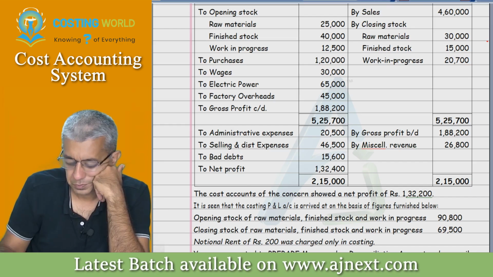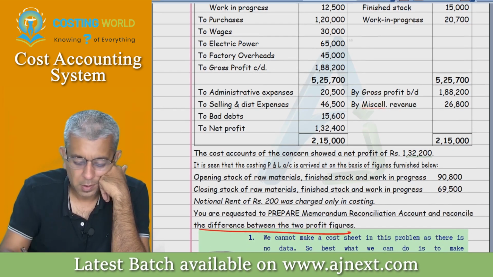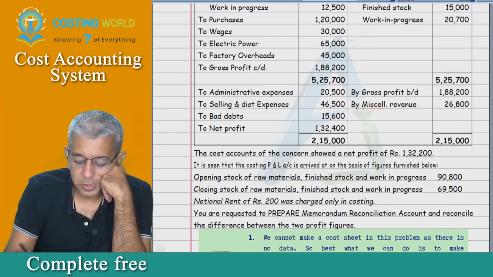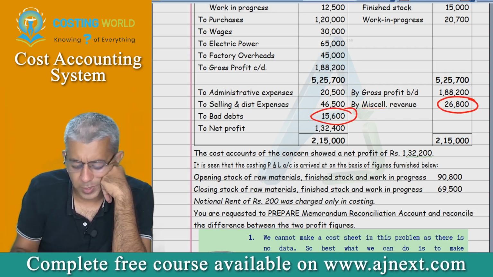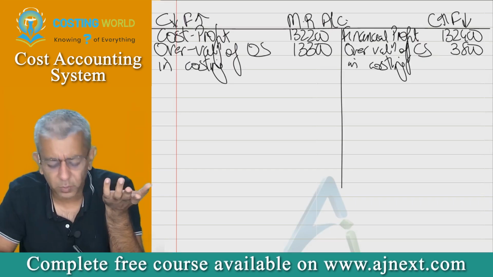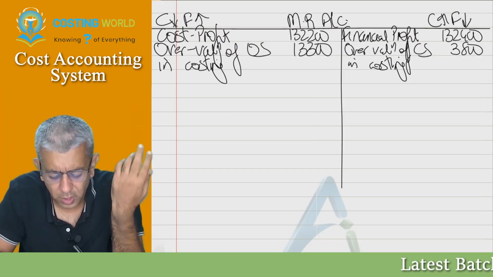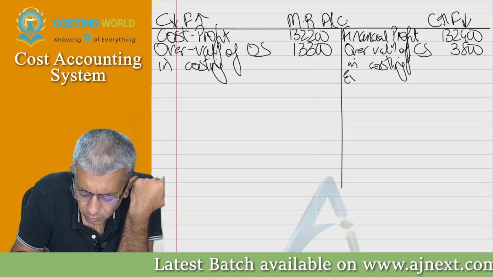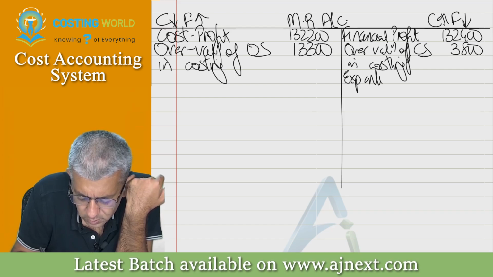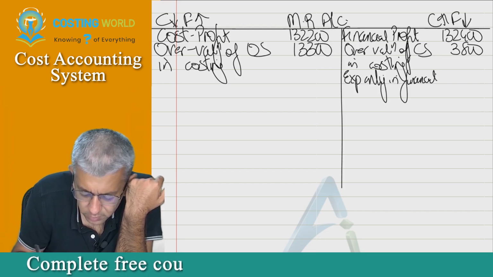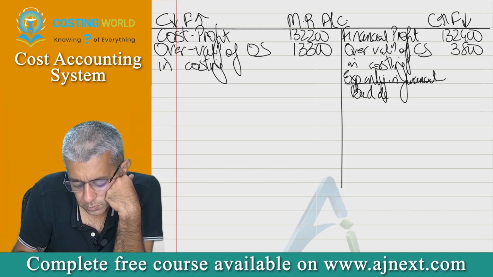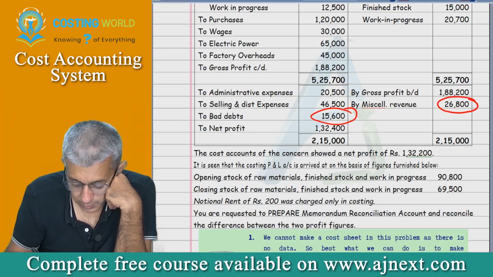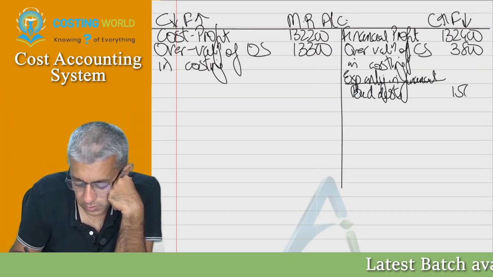Further. Now see, obviously this will be income only in financial, and this will be an expense only in financial. Whatever you can try doing, you should try doing as such. So I'm writing over here: expense only in financial, bad debts 15,600.